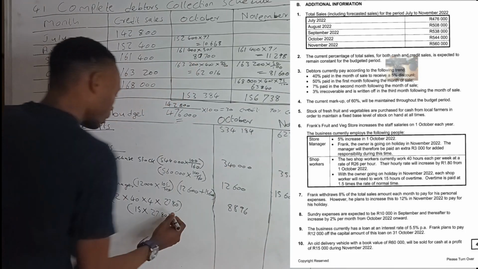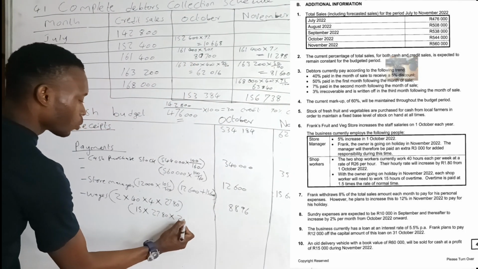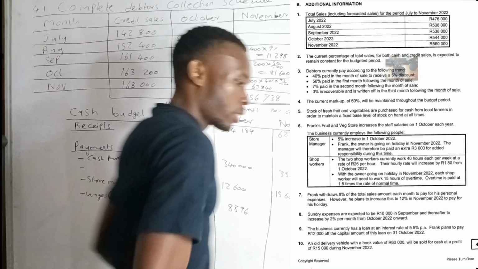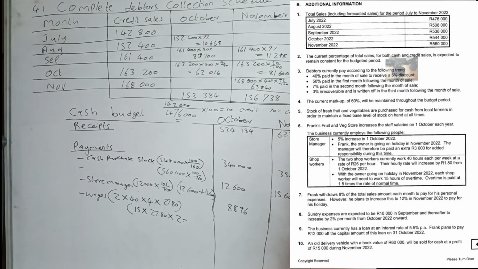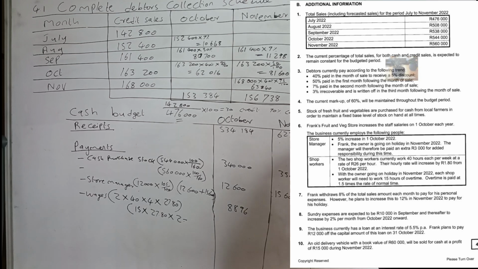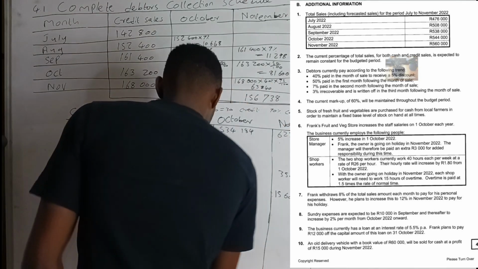Then we multiply by 2. Okay, then it's going to give us overtime, how much they work for overtime. Okay, then it's going to give us an amount of 1251.